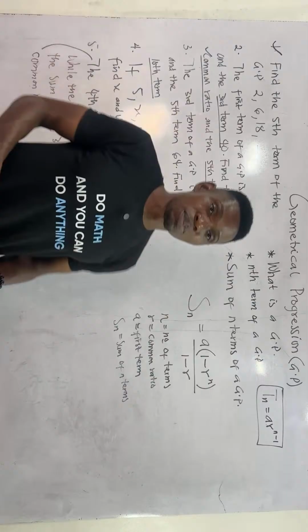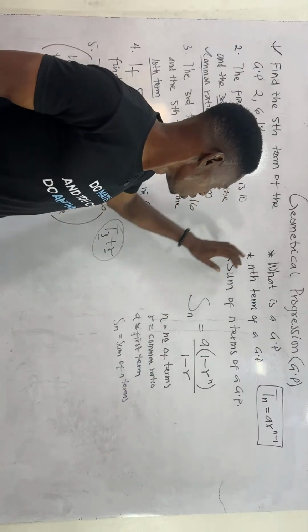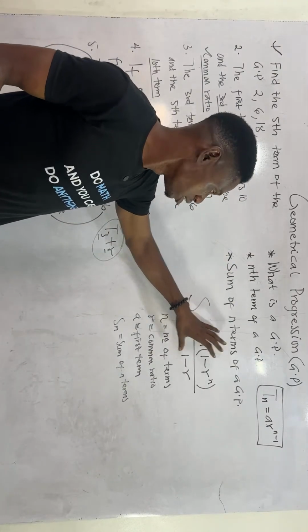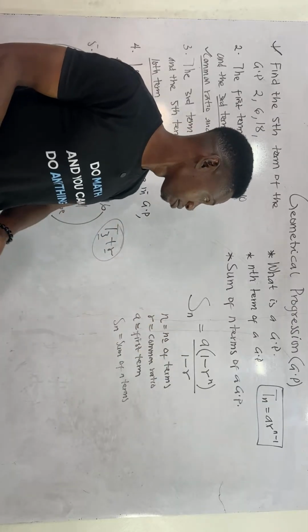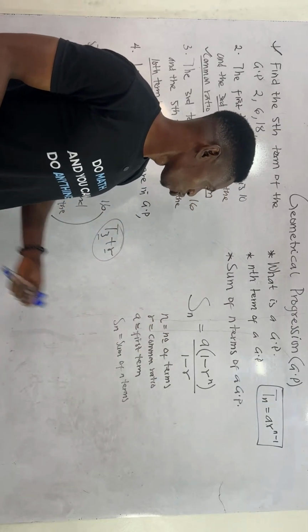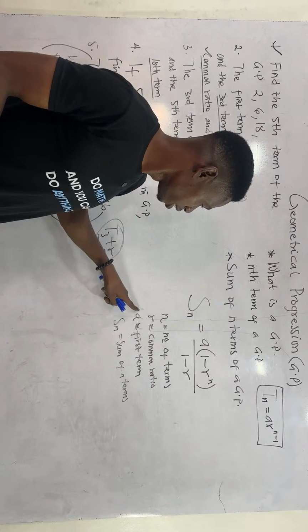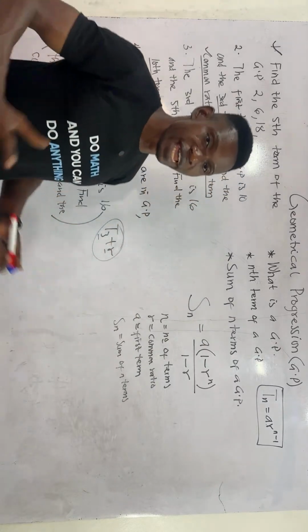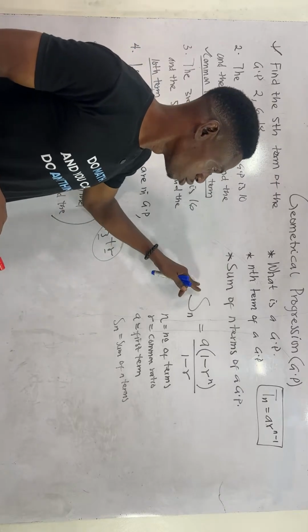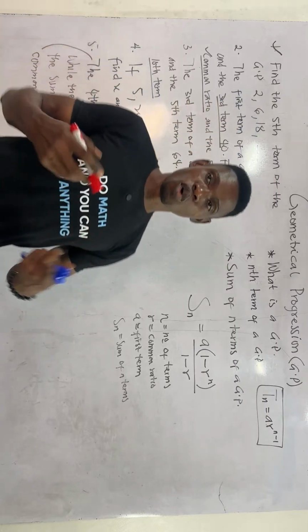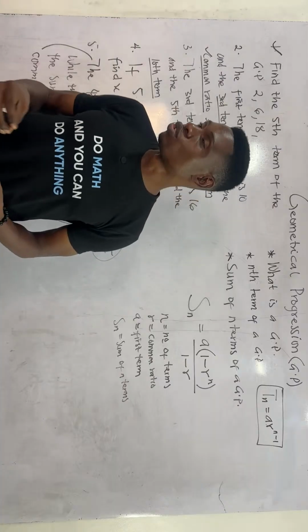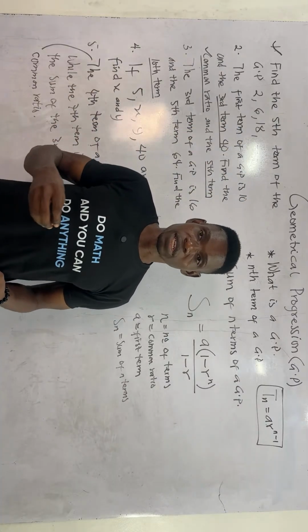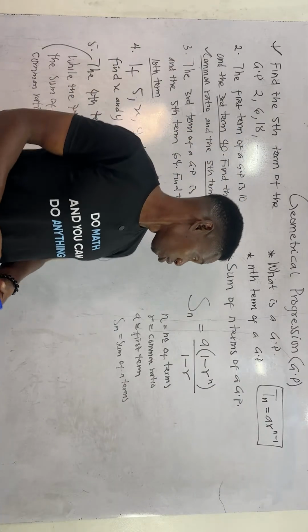So I was trying to explain that the sum of n terms of a GP is given by this formula. I've told you what n, R, A, and Sn mean. So if you have to look for the sum of n terms, this is the formula you use. Now I want to give you the last formula we are going to need, so that we can go on.